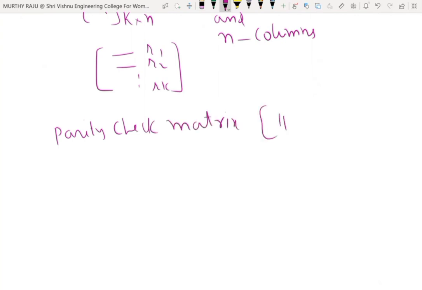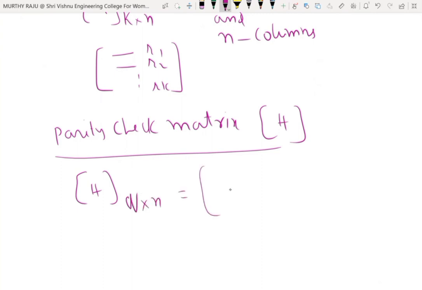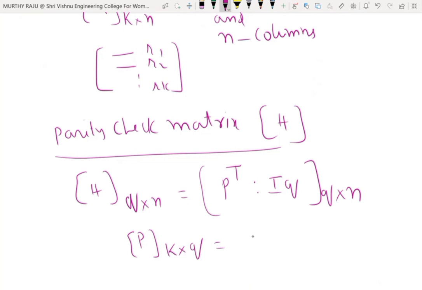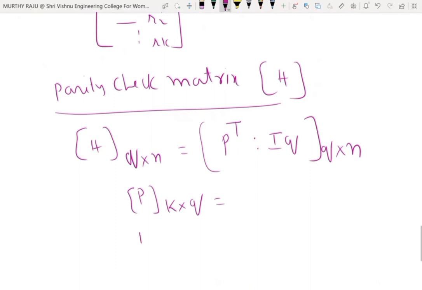It is represented by capital H. The dimensions of H are Q cross N. H is P transpose, where P is the submatrix obtained in the previous derivation, and IQ is the identity matrix of order Q, that is Q cross N. Here the P matrix is of order K cross Q, so the P transpose matrix is Q cross K.